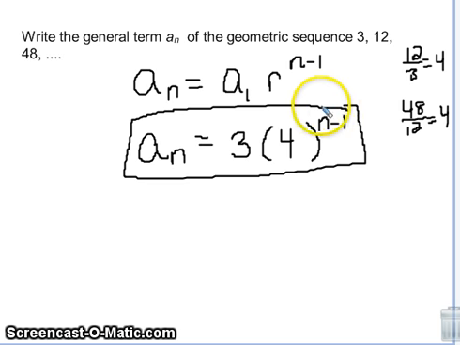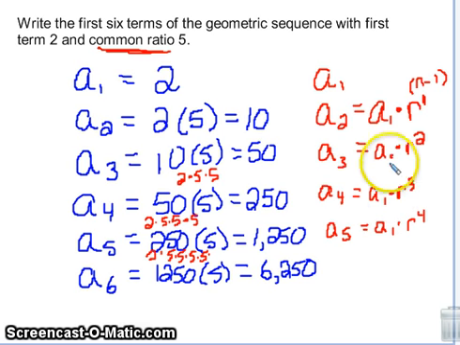In the exponent. That n is in the exponent. What's happening to these numbers? 3, 12, 48. Look at this last example: 10, 50, 250, 1,250, 6,250. What's happening to them? They're growing. They're shooting up. They're getting huge, right? They're growing exponentially.